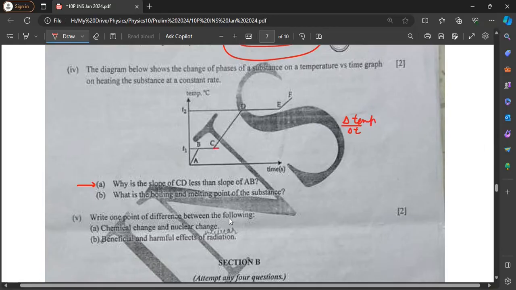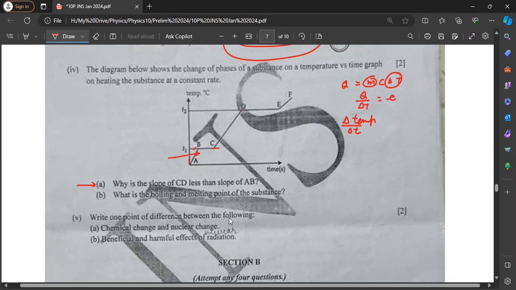Basically you have heat energy, and Q is equal to mc delta T. So when I take delta T to the other side, and mass is constant because it is the same substance that is changing, that is proportional to c.